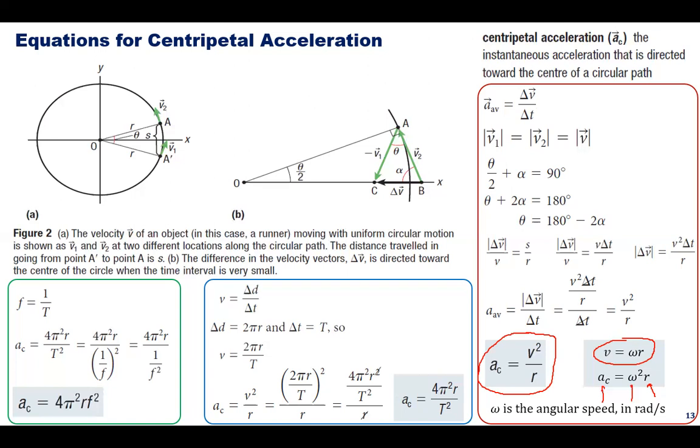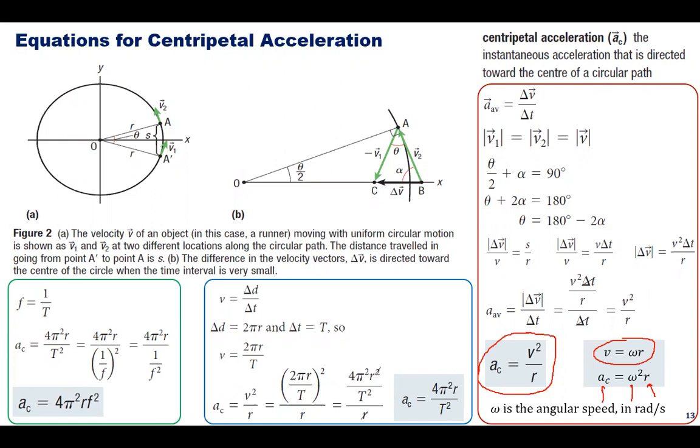Okay, so sometimes you might not know the speed of an object moving with a uniform circular motion. However, you might be able to measure the time it takes for the object to move once around the circle, or the period, which is usually denoted by uppercase T. Then you can calculate the speed.